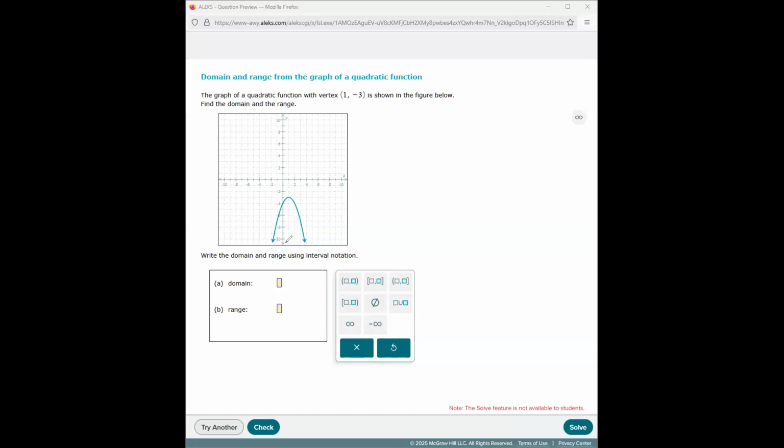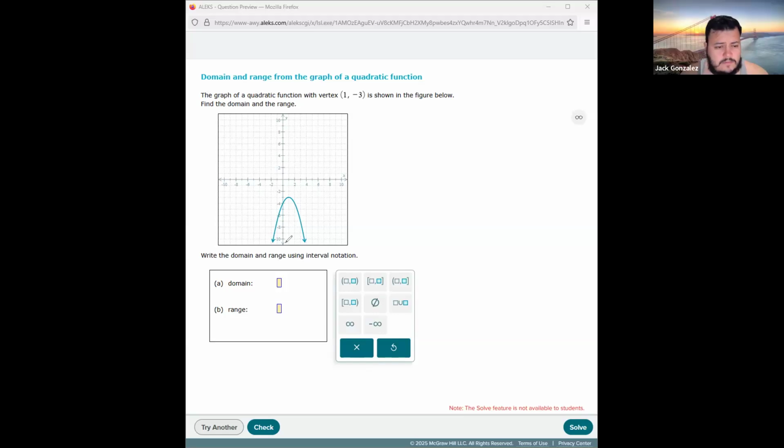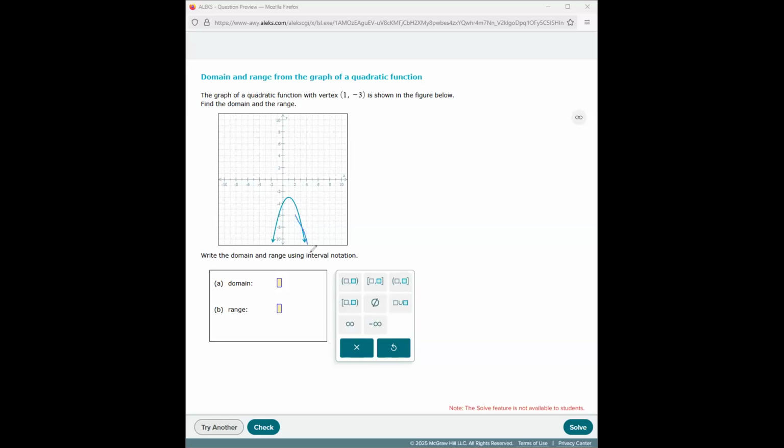So what do y'all think about the domain? Going forever in both directions. So it will be negative infinity, then to the other side will be positive infinity.